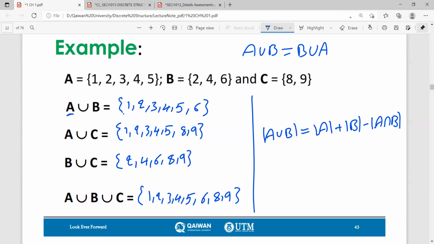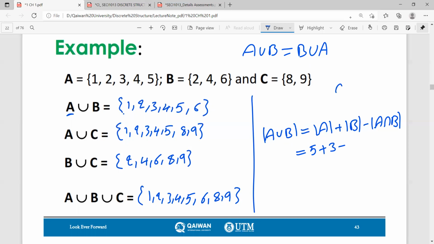Okay. For the cardinality of A union B, we say it equals... What's the cardinality of A? How many elements do we have in A? 5. Plus the cardinality of B, 3, minus the cardinality of A intersection B. What are the common elements of A and B? 2 and 4.